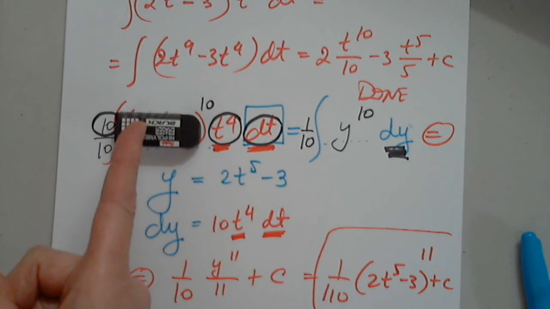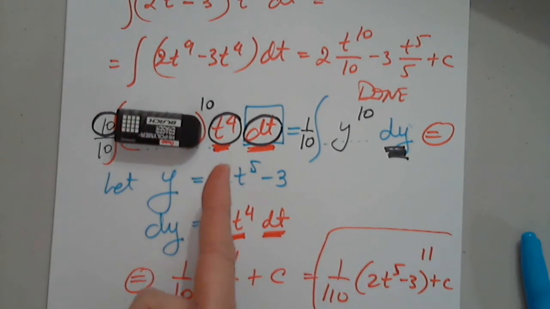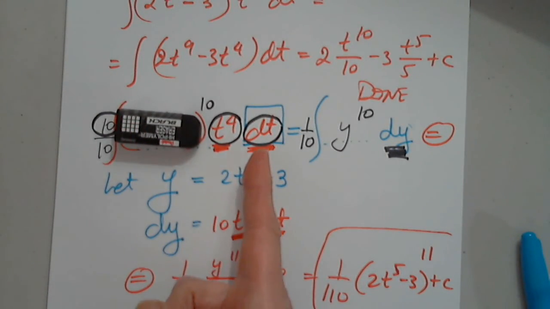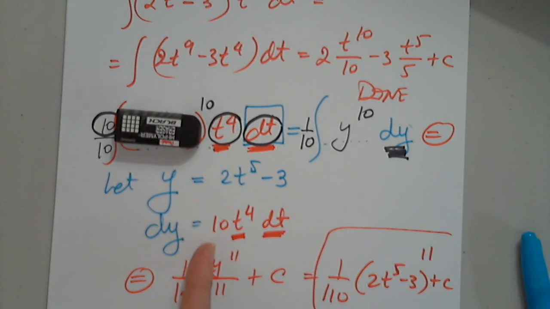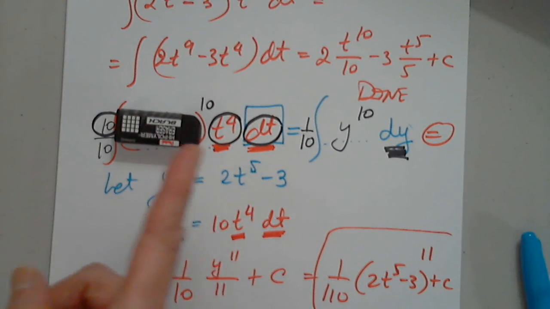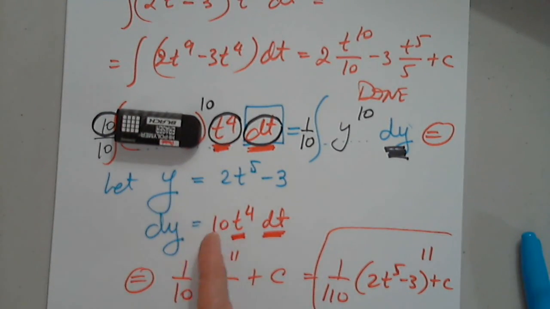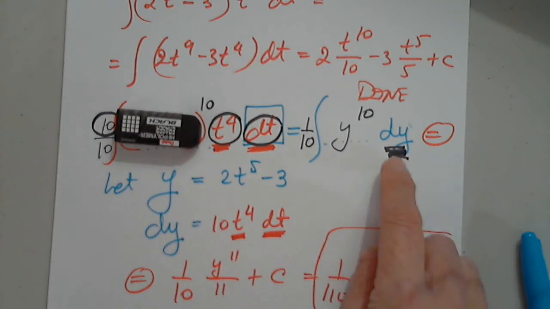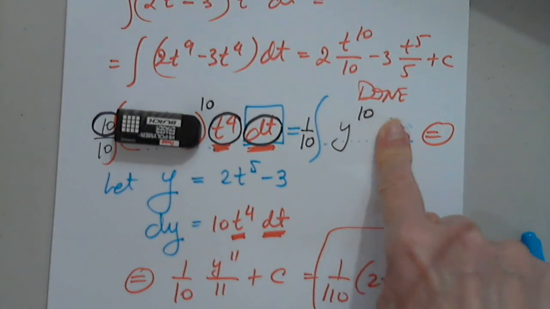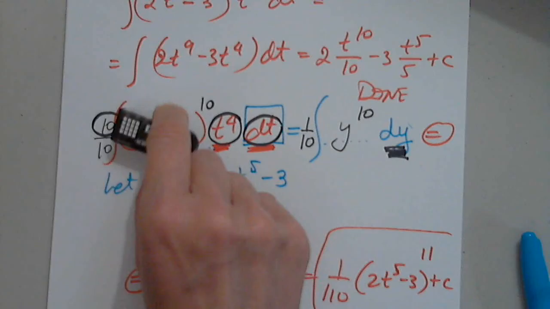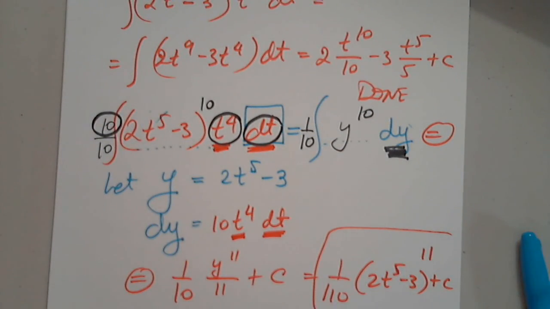When I determine dy, I get t to the 4th, and of course dt, and this number can be made up, 10 over 10. I still have 1 over 10 in front because 10 and t to the 4th and dt are all right here. So the remainder is y to the 10th. And that's it.